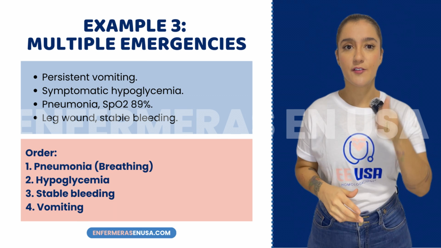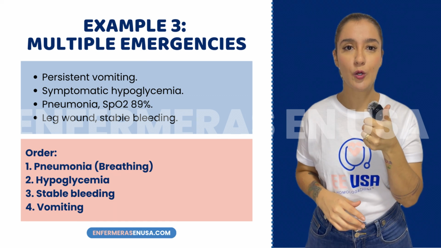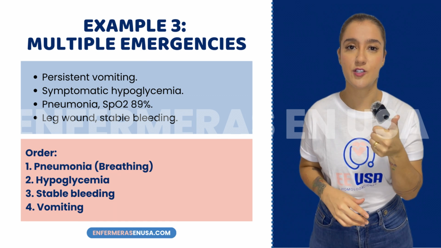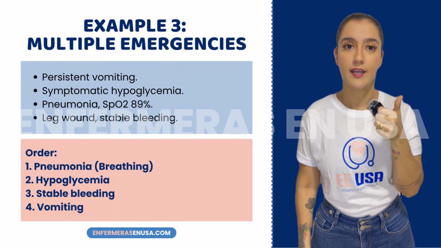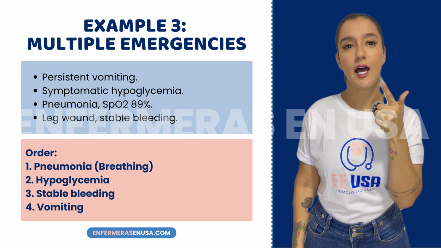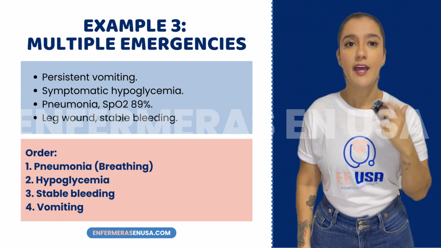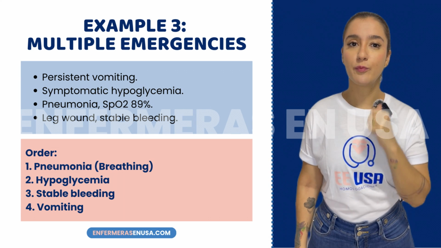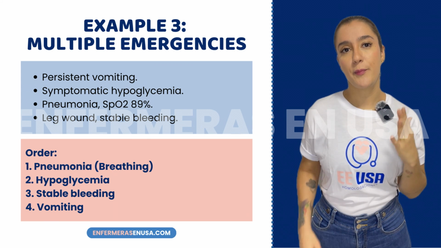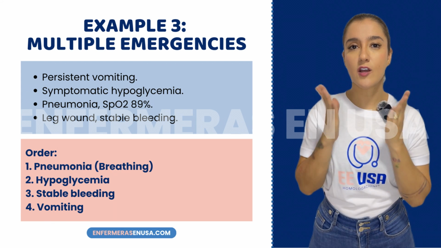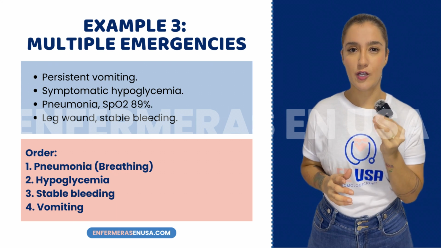The order is: first, the patient with pneumonia and low oxygen saturation. Remember, breathing. Second, the patient with hypoglycemia since the brain constantly requires glucose. Third, the patient with controlled bleeding. And fourth, the patient with vomiting, which is uncomfortable but not immediately life-threatening.